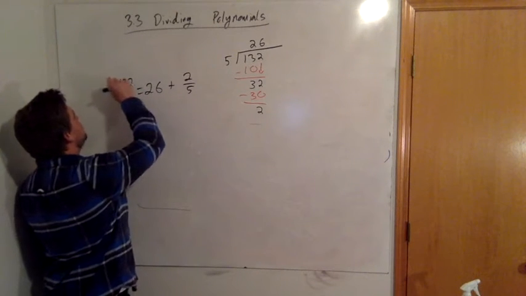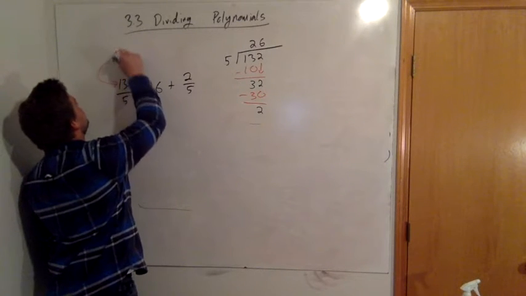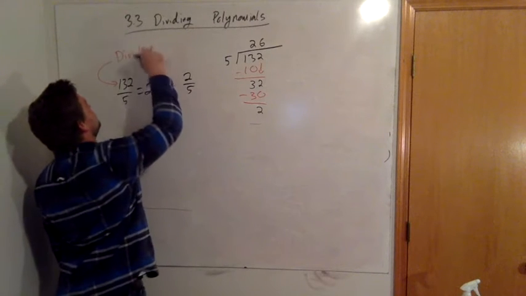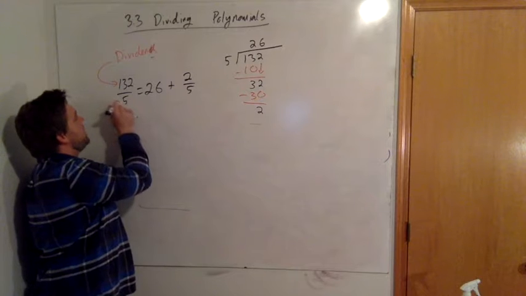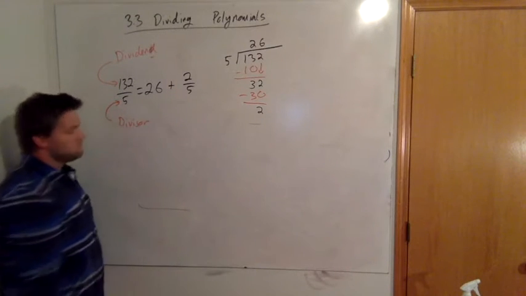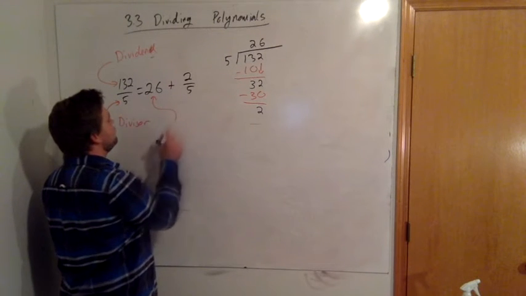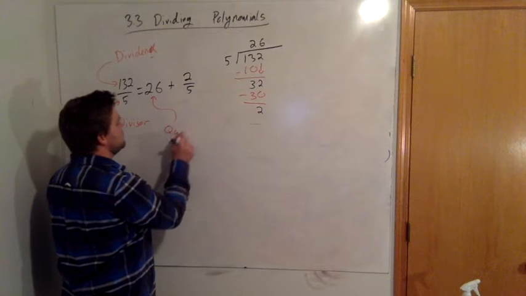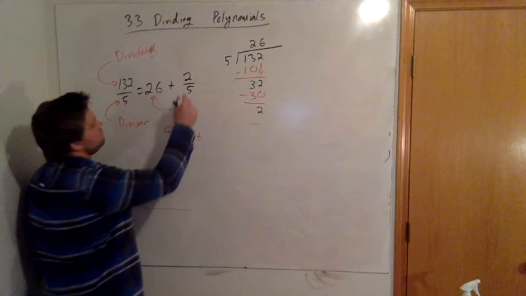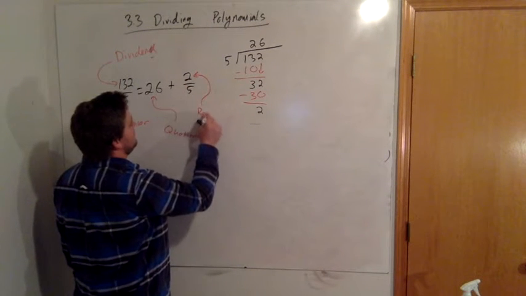This 132 is called the dividend. The 5 here we call the divisor. The 26 is what we'll call the quotient. And just the 2 here, not the 5, the 2 here is called the remainder.